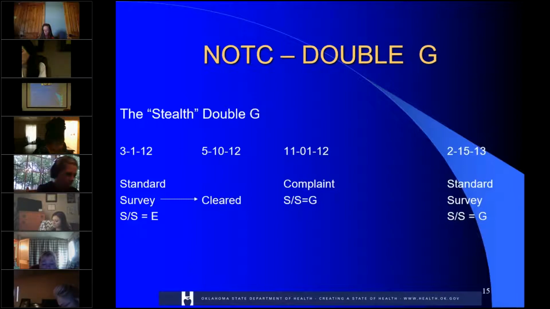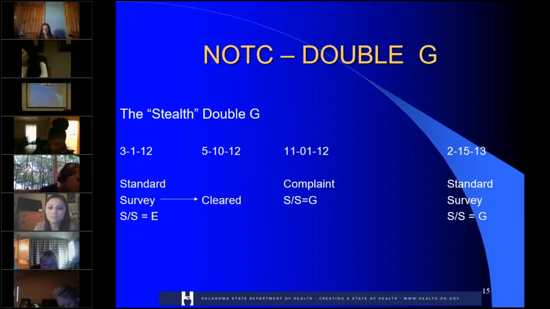Here's a self double G. Standard survey. We go out, there's an E. I'm cited at an E. We go back in May, it clears. We go out in November on a complaint, which is a G. And then we go back out in February and another G is cited.